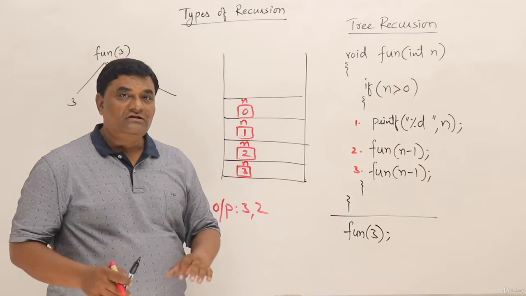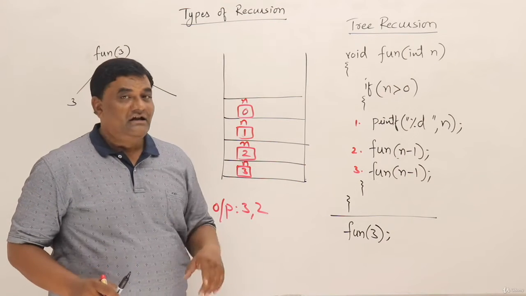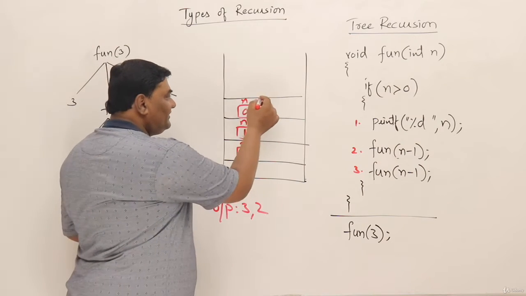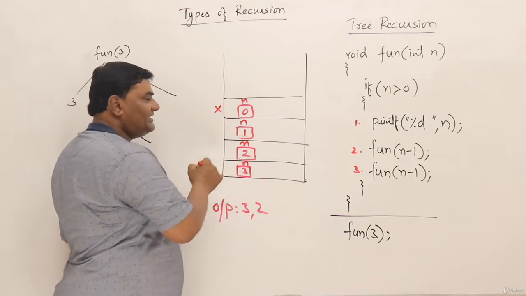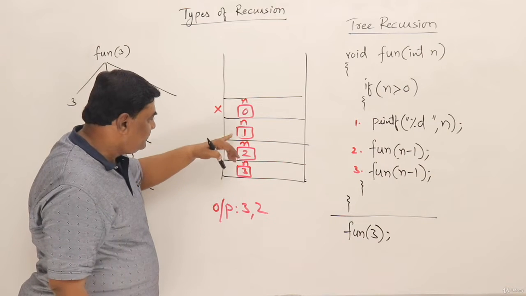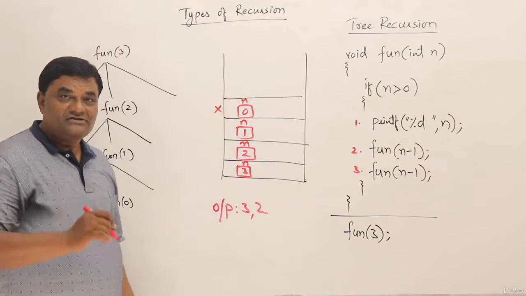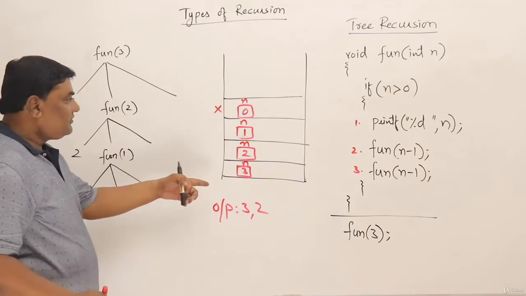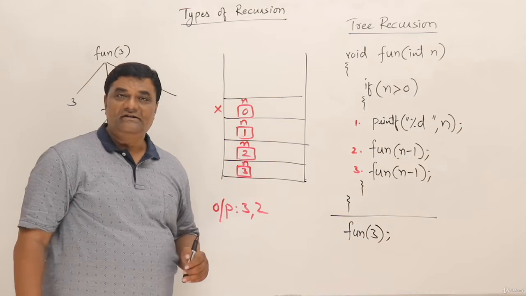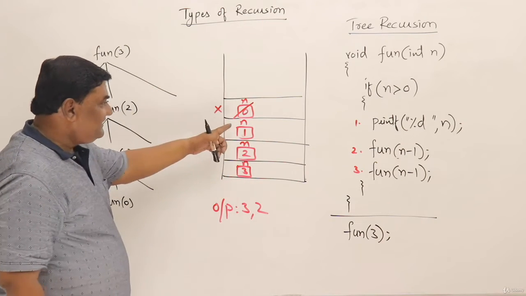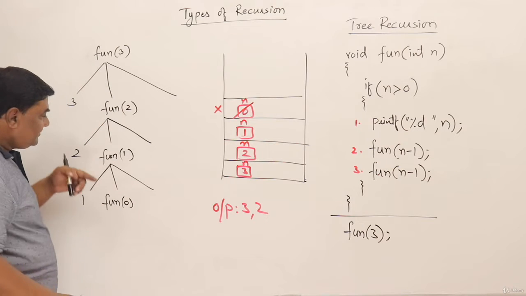The function call terminates, and this activation record is deleted from the stack. Before deletion, if you count 1, 2, 3, 4 activation records, how many calls? 4 calls, so 4 activation records are there. So this is deleted.